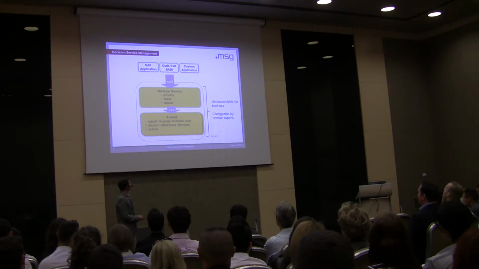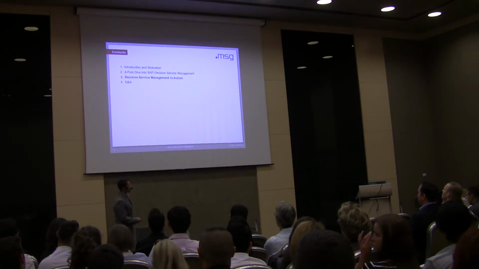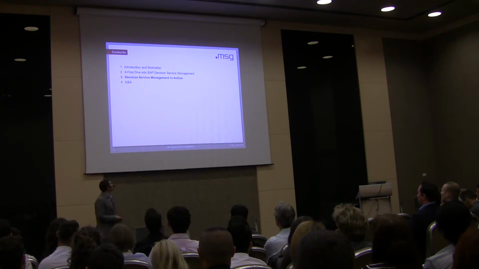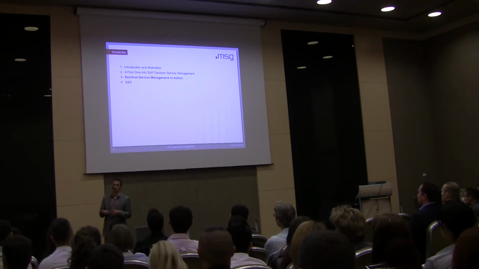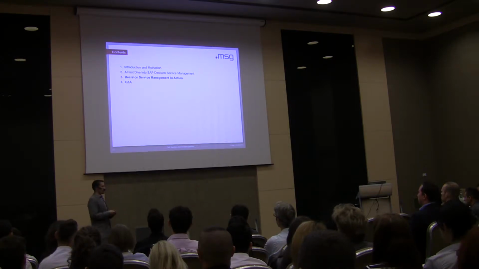Okay. So that's it from the theoretical point of view. What we will do now is we will go through this picture step by step. So we will see how such a decision service is defined, what has to be done within the decision service management, and we will make a comparison.